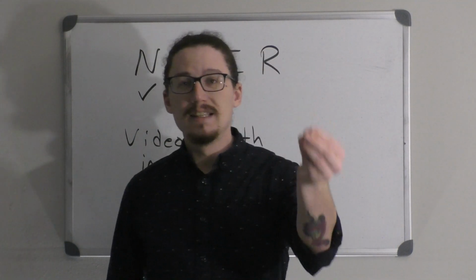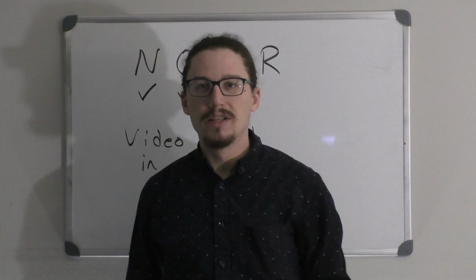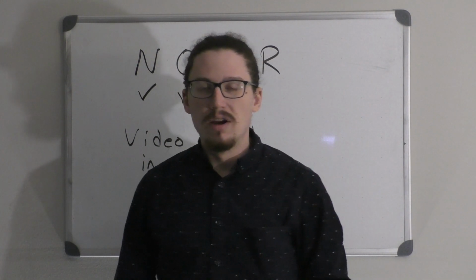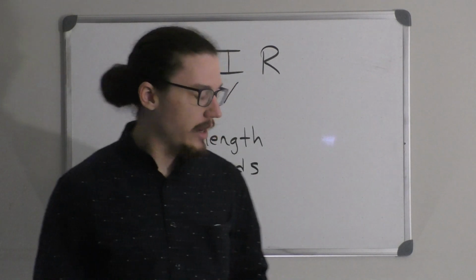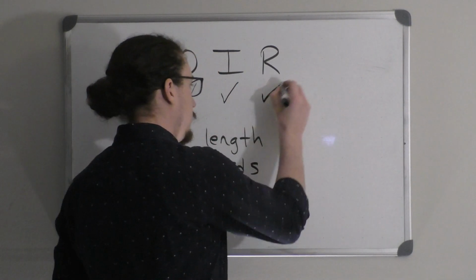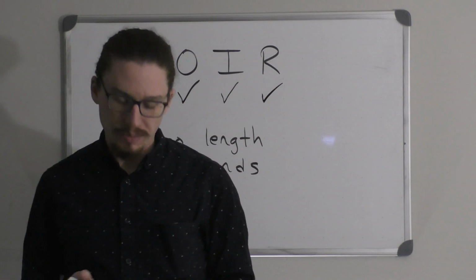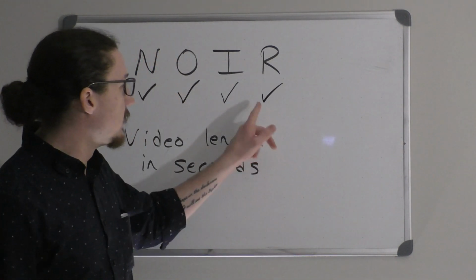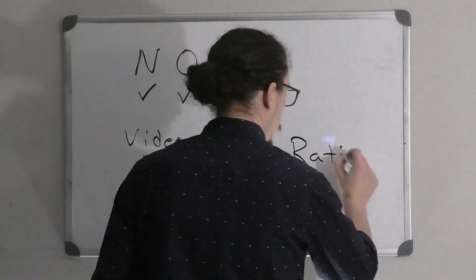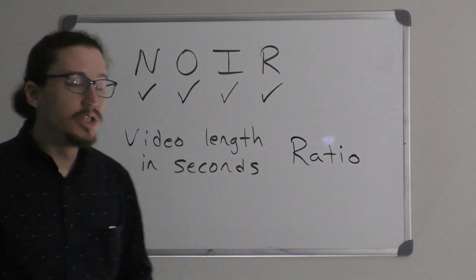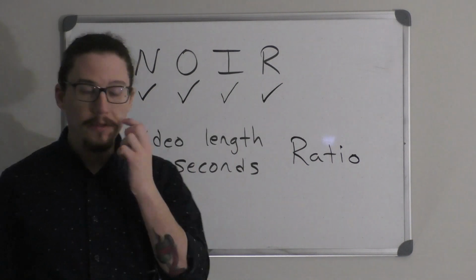Another way that we can look at it is by making ratios. A video that's 60 seconds long is twice as long as one that's 30 seconds long. So those ratios actually make sense when we're dealing with ratio scale data. So check that off, and that would be telling us that this is ratio scale data.